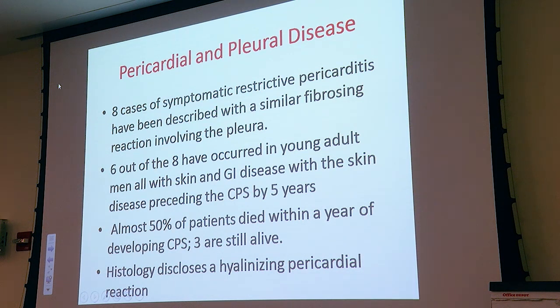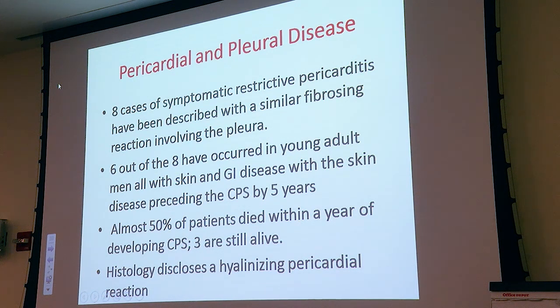There are 8 cases of symptomatic pericarditis that is primarily restrictive, and all those patients usually have a fibrosing reaction in the pleura as well. 6 of the 8 cases have occurred in young adult men, and they all had GI and skin disease for an average of 5 years before developing the restrictive pericarditis and pleuritis.